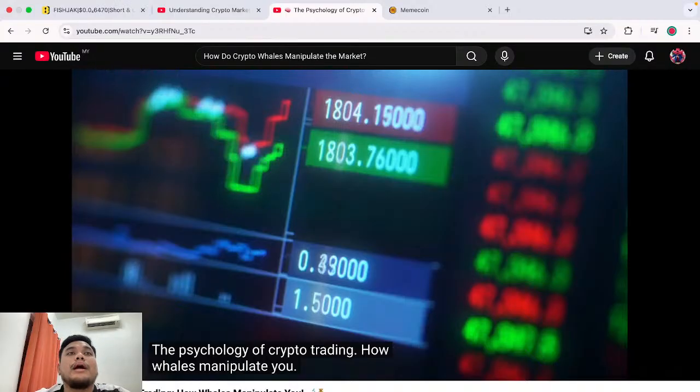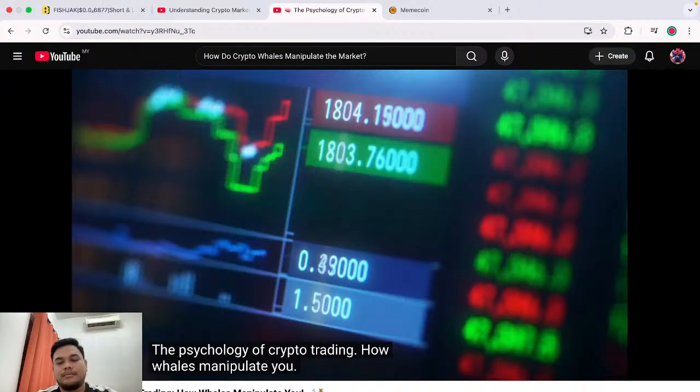I hope you have heard about whales as a term in the crypto or even the forex community, because without knowing this term, I'm sure you have no clue what we are talking about. So let me give you some basic definition.